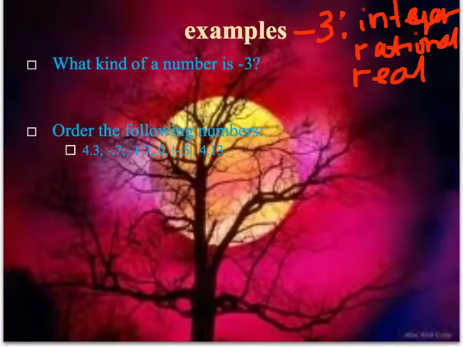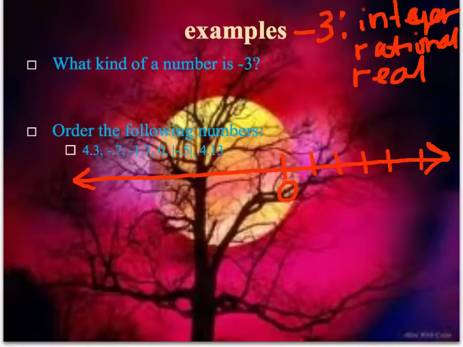Another example, let's order the following numbers on the number line. So, if I drew a number line, I threw a 0 here. So let's see, what are my numbers? I have got 4.3, so let's go 1, 2, 3, 4, 5. So this is 4.3. The next one is negative 0.7, so negative 1, negative 2, 3, 4, 5, 6. Negative 0.7 is between 0 and negative 1. So it's right there.